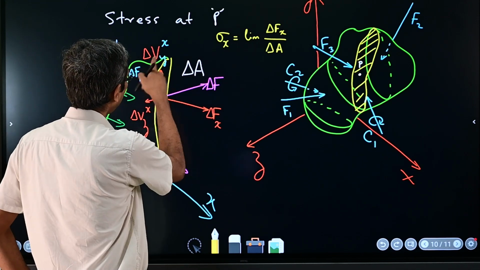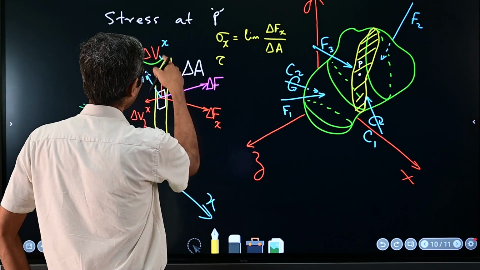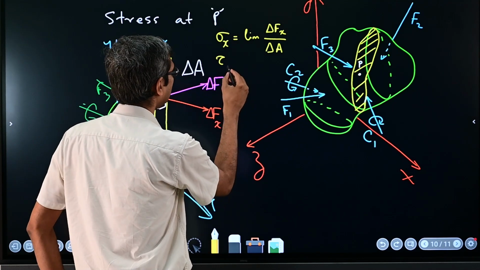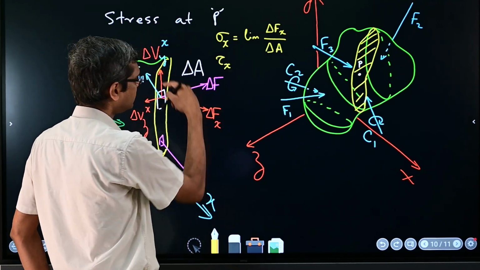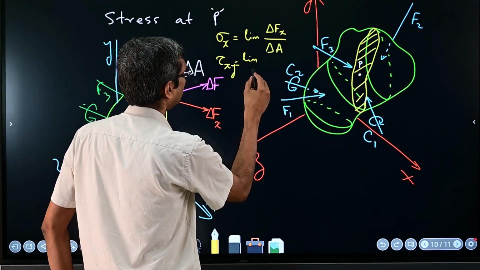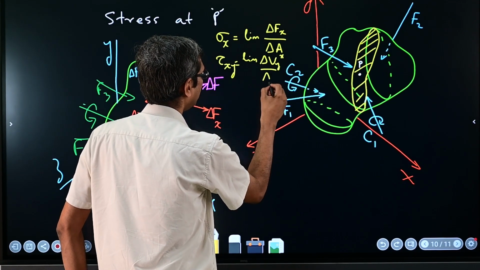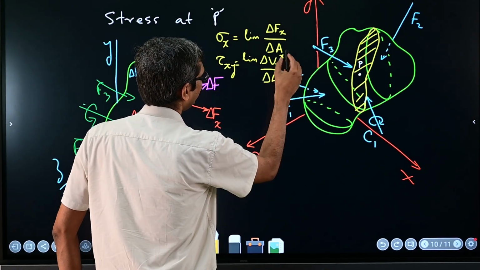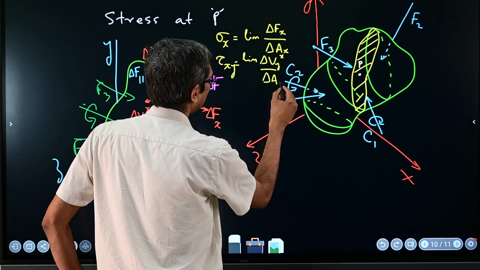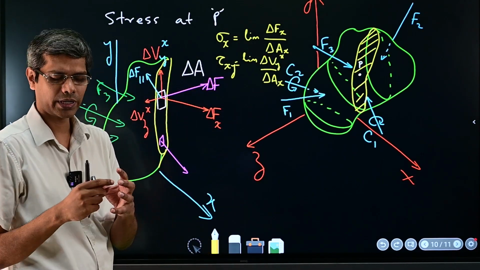And then for these two I'll use say tau, and because there are two symbols, I'll write the normal's direction first, say x, and the resolved direction to be y, should be equal to limit delta Vxy by delta A. In fact, on delta A also I can write x here, okay, and all these limits are taken when delta A tends to 0.